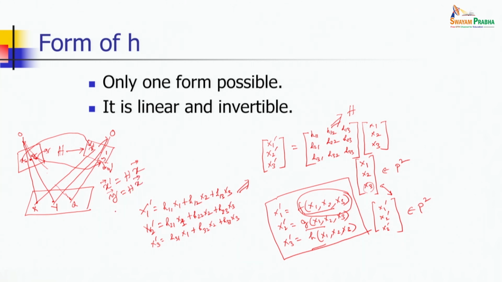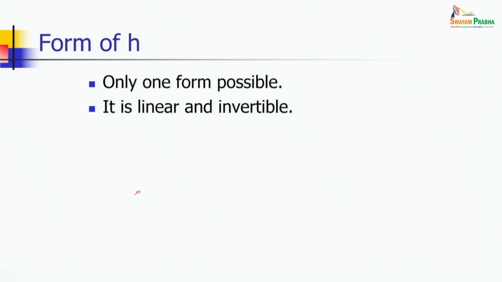If such H exists, similarly Q prime should also be HQ, and whenever you find this kind of mapping, there exists some H. Of course, that H needs to be determined, or we can only say there exists H because of this particular property, which is a very strong property, and which gives you a lot of information about the functional form of these kinds of relationships.